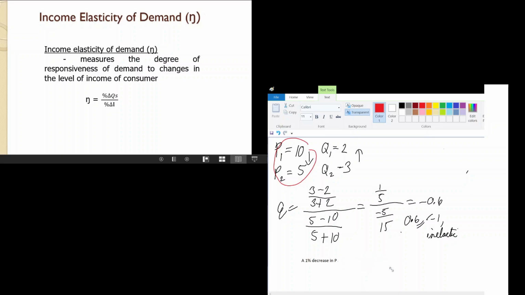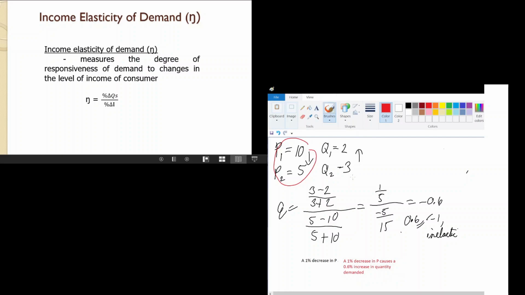So, from 2 naging 3, therefore, there is an increase in quantity demanded. Okay? So, a 1% decrease in price causes a 0.6% increase in quantity demanded. Okay? So, yung interpretation nyo, dapat mag-match siya doon sa given.